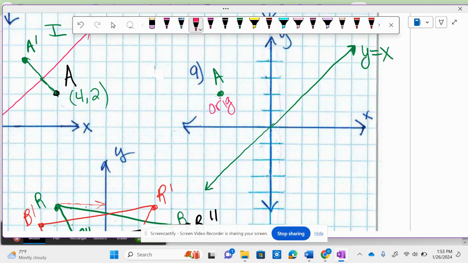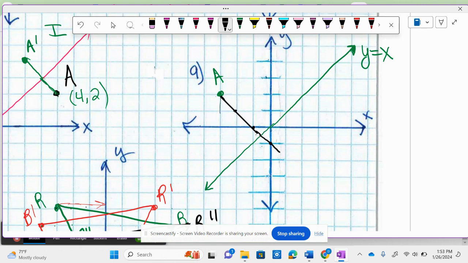So here's what I want you to think about. When you reflect over the line y equals x, this has a slope of 1. So if you draw a line that has a slope of negative 1, down 1, over 1, down 1, over 1, it's like 2 whole diagonals and a half.